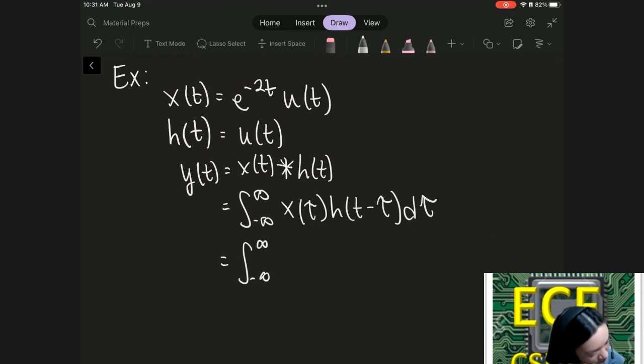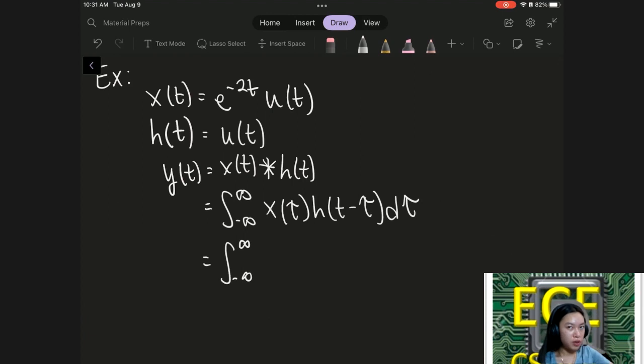The integral from minus infinity to infinity of e to the minus 2 tau u of tau, because you're replacing the variable t with tau.